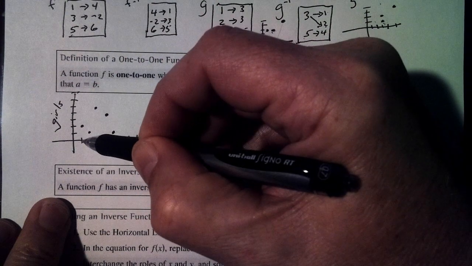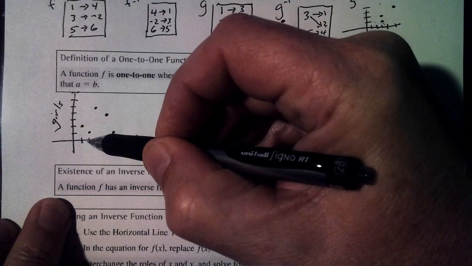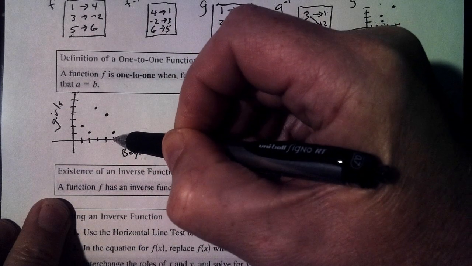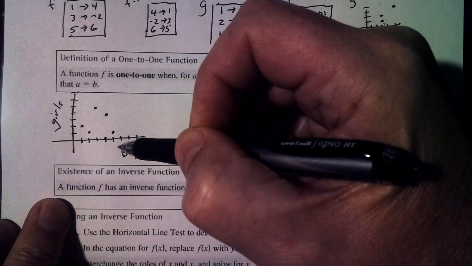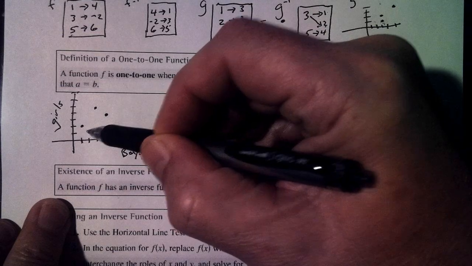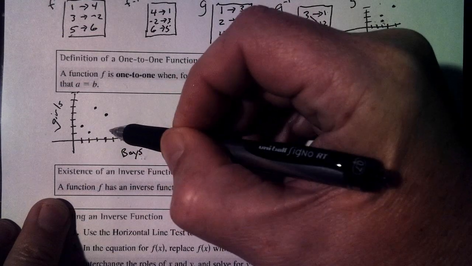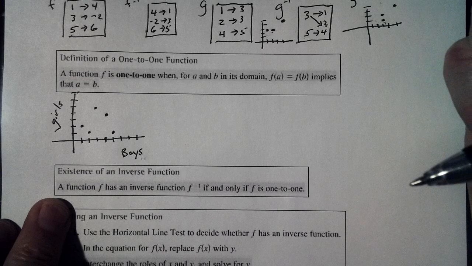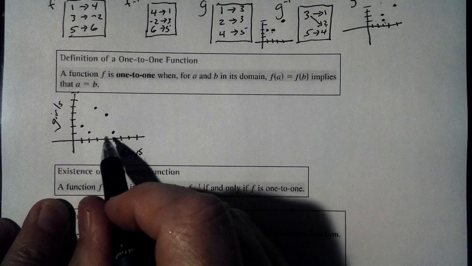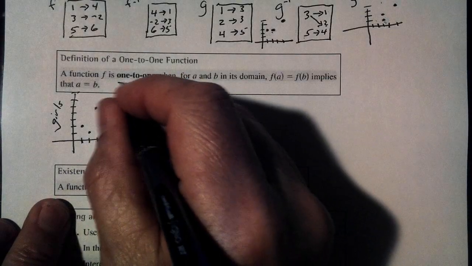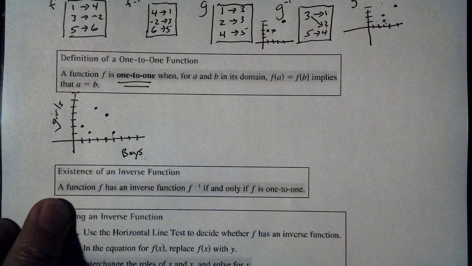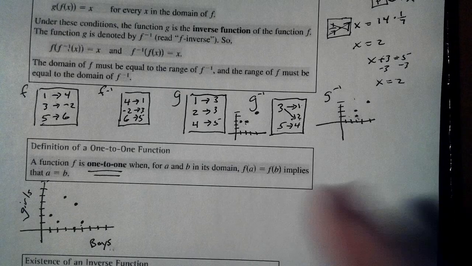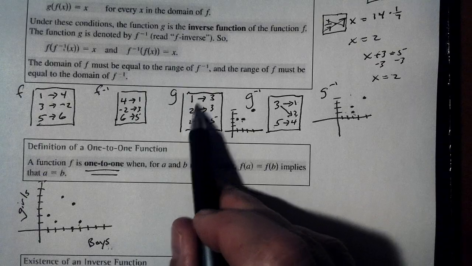There's no confusion for boy 1, boy 2, boy 3, boy 4, boy 5. But it might be a little bit surprising to boy 5 and boy 2 that they're going to homecoming with the same girl. So this is a function, but it is not one-to-one. Just like this was a function, but it's not one-to-one.